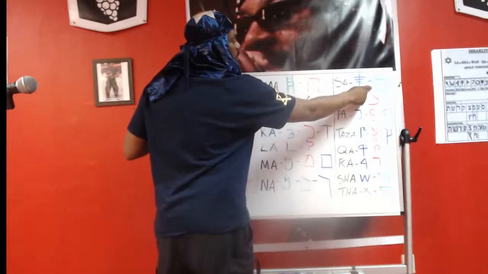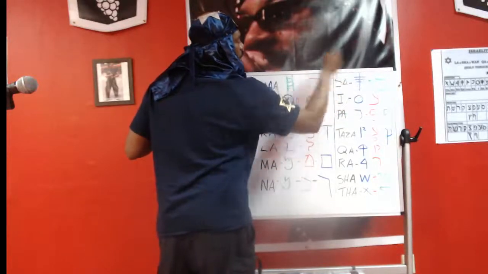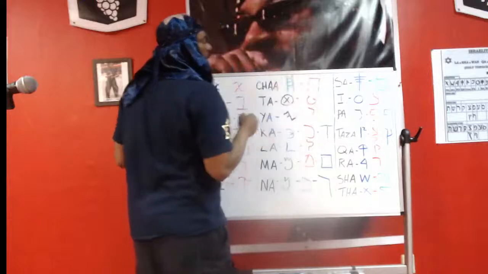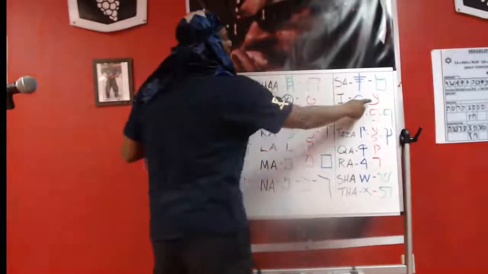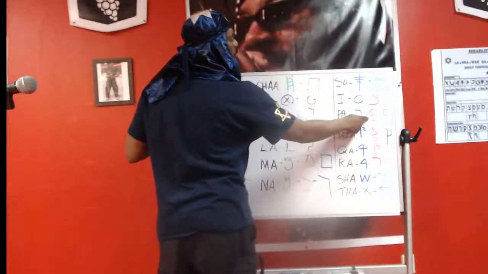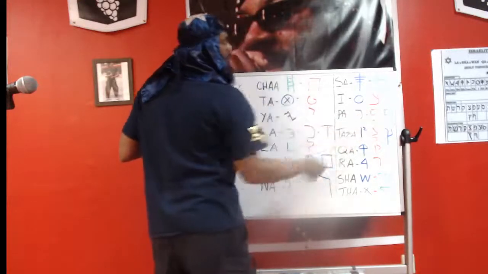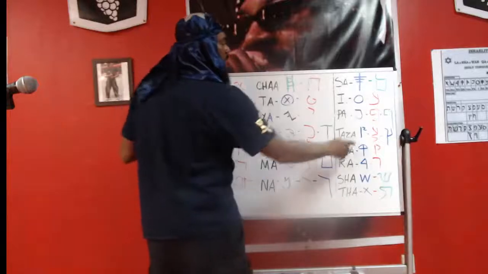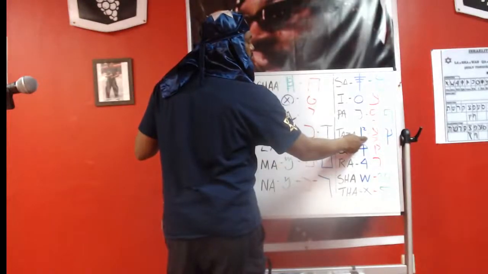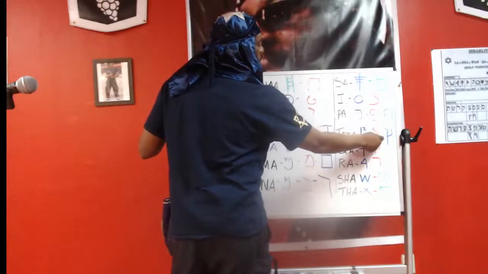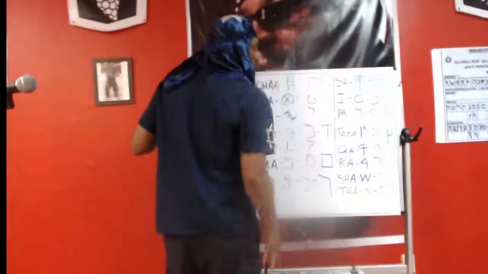You have Sa here, and Sa is going to have a little extra bang at the top. Then I, Pa will change the shape when it's at the end of the word. Remember, extended clip. Then Tazah is going to go from crooked letter Y to straightened, extended clip.